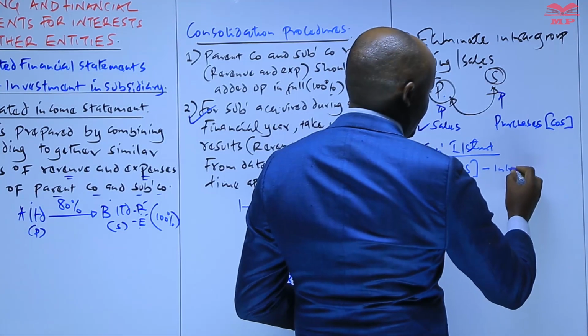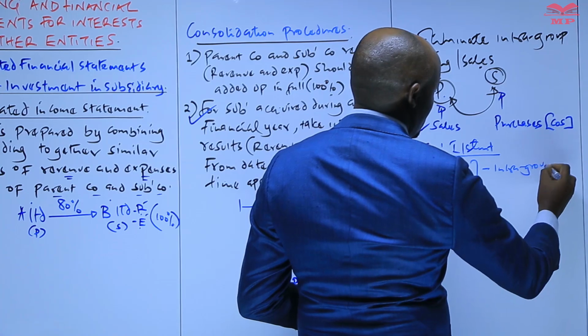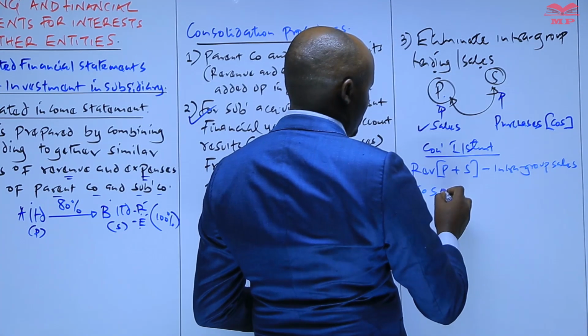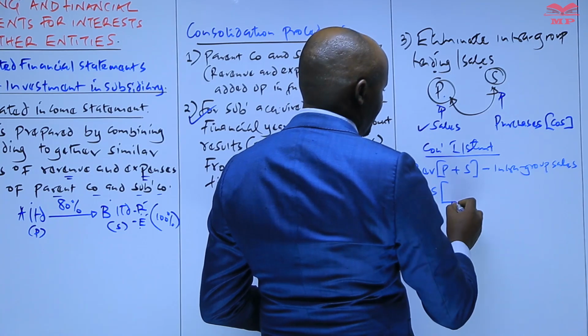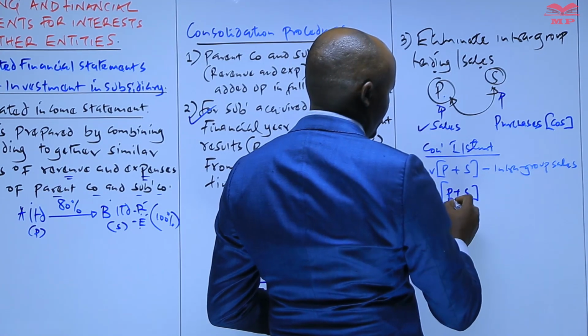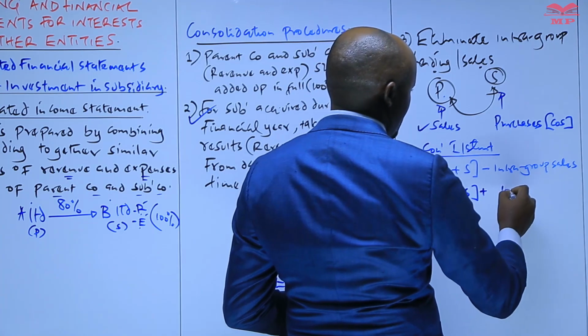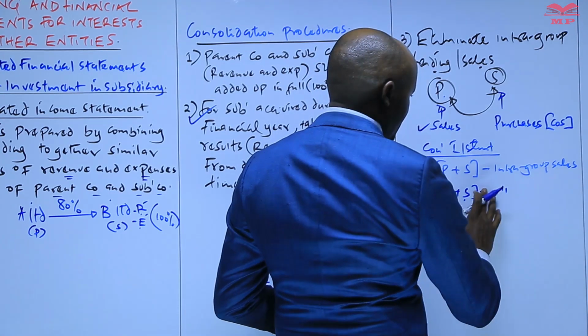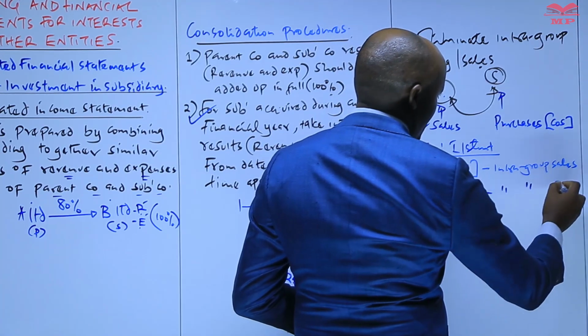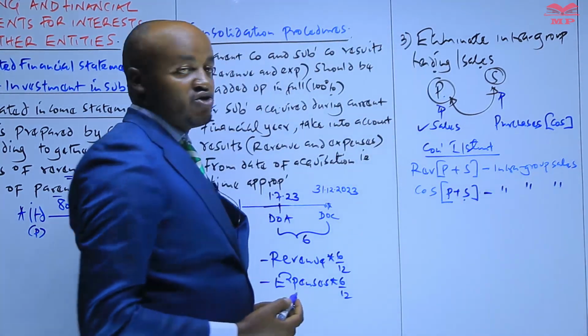So to this, we eliminate what we refer to as intra-group sales. And also the same should be eliminated from what we refer to as the group cost of sales. So once we add the cost of sales of the parent plus that of the subsidiary, we also deduct what we refer to as the intra-group sales or intra-group trading.